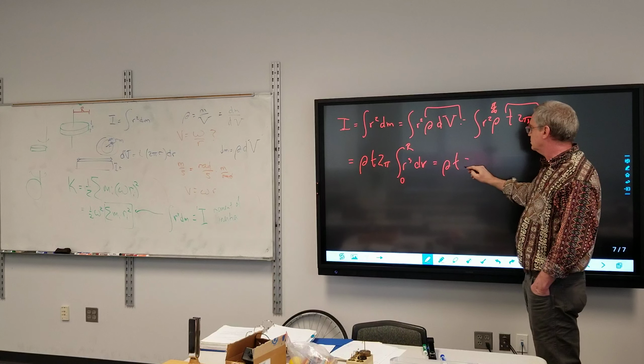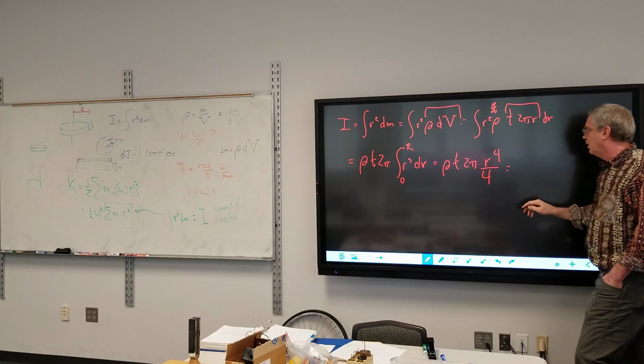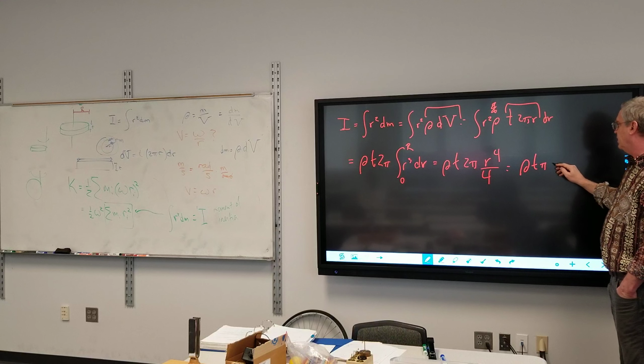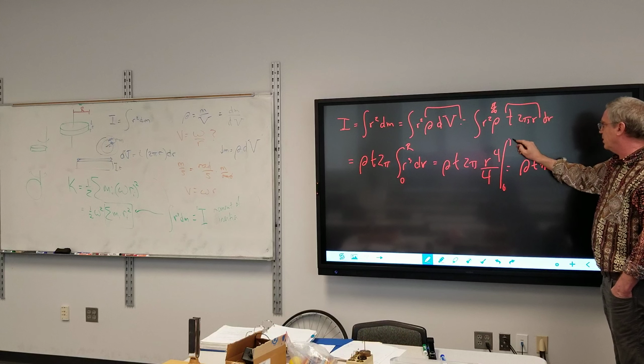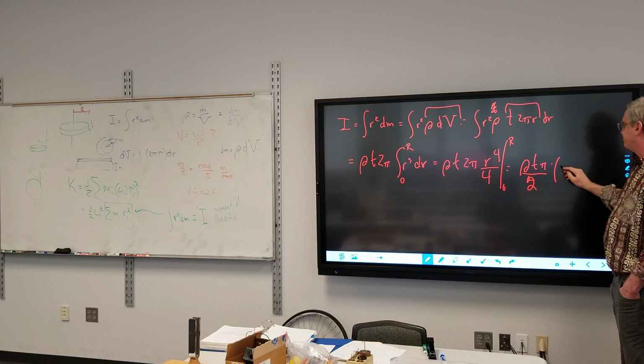R to the 4th over 4. So I'm left with rho t pi over 2 times big R to the 4th minus 0 to the 4th.